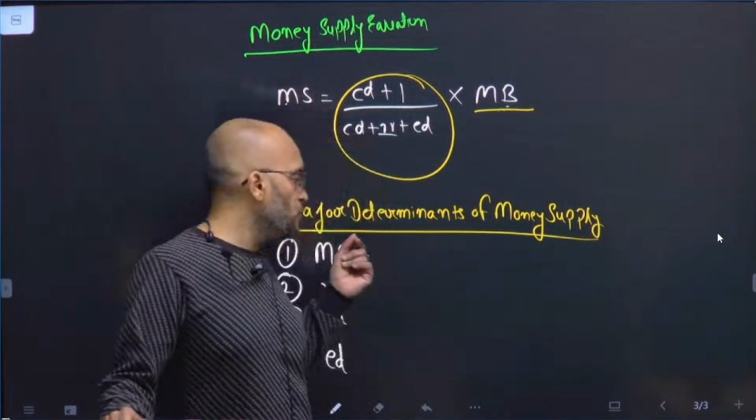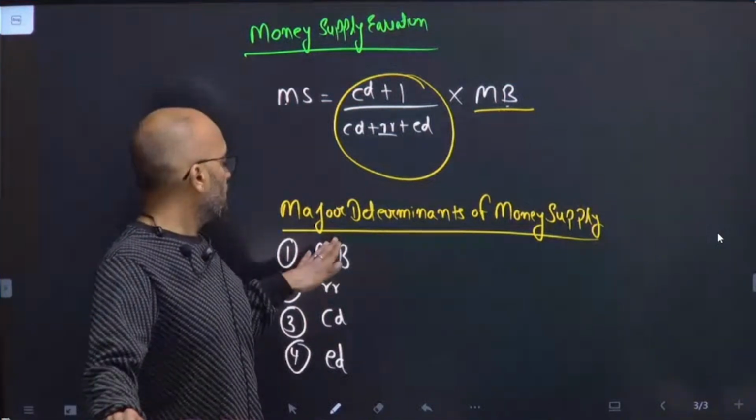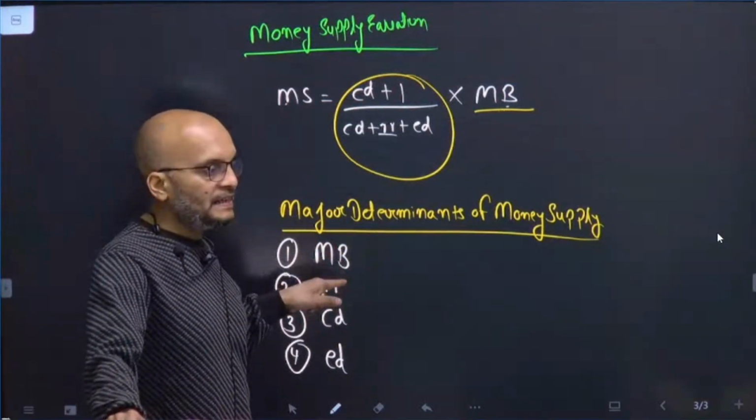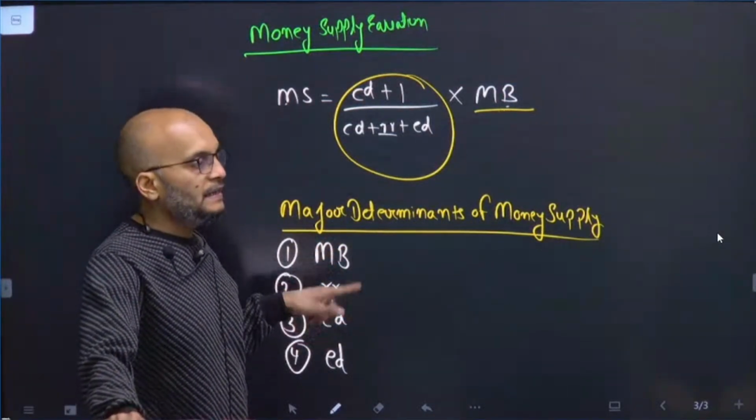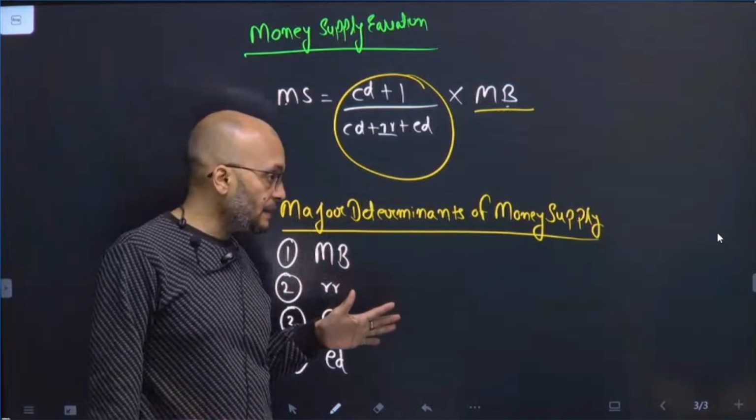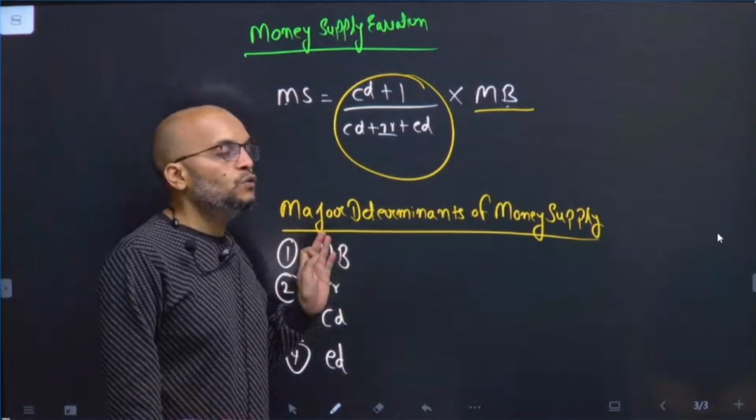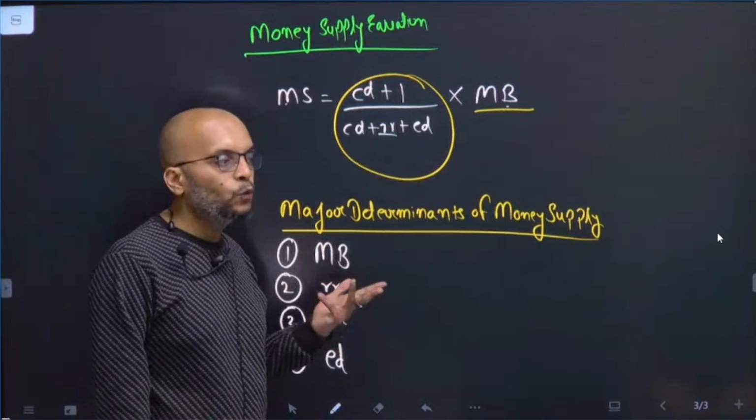Now, guys, I want you to tell me about each and every determinant individually, which determinant is controlled by which agency, by whom.